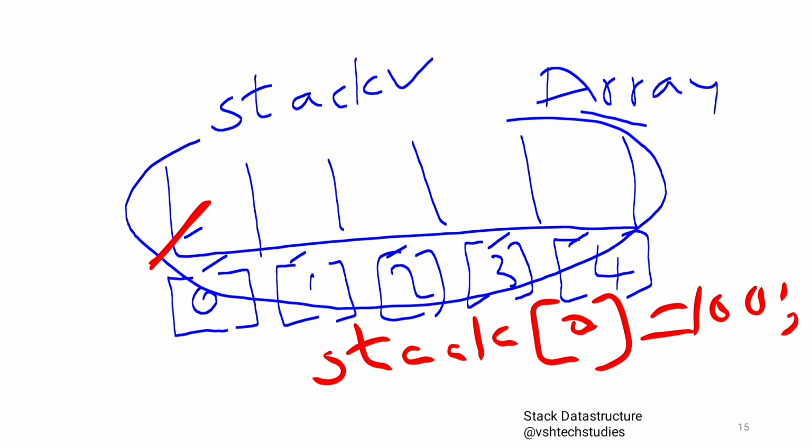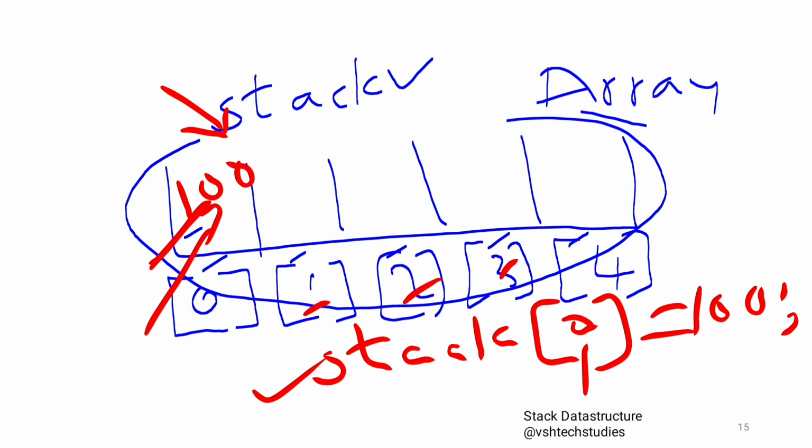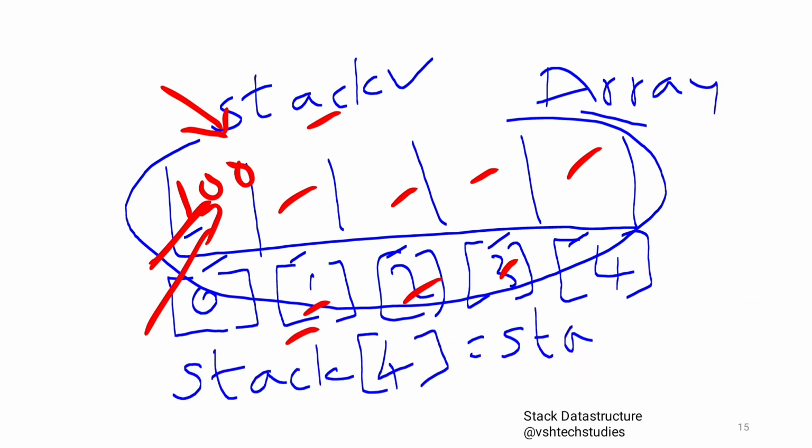This is a C statement. If I give it in the C program, it goes to the stack array, and in the 0th position, the content is made 100. So this is how any location in an array can be accessed by its name with its index. If I write stack of 4 equal to stack of 0 semicolon, when we execute this C statement, what happens?